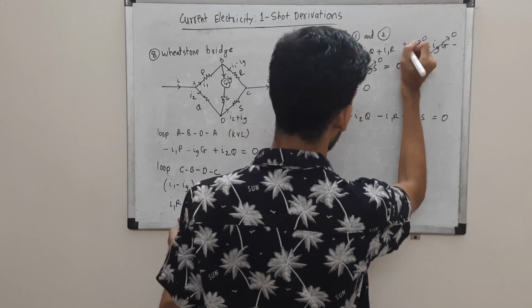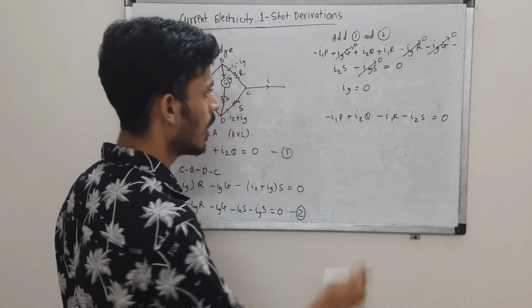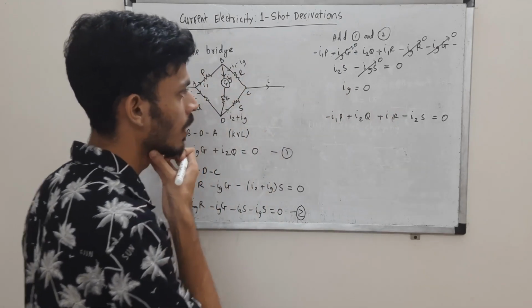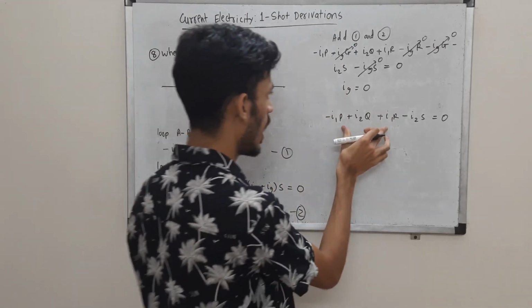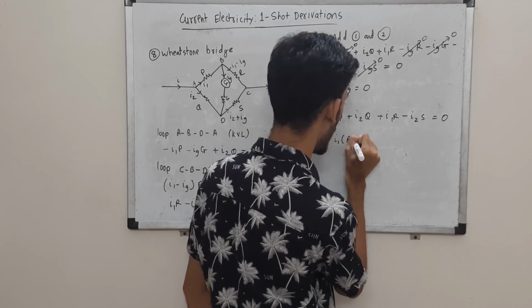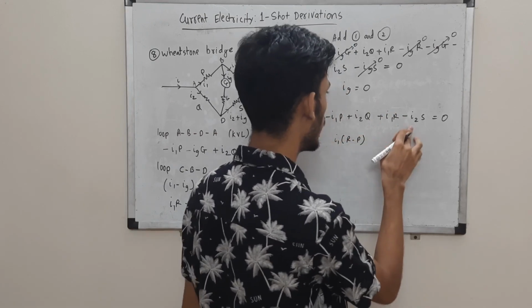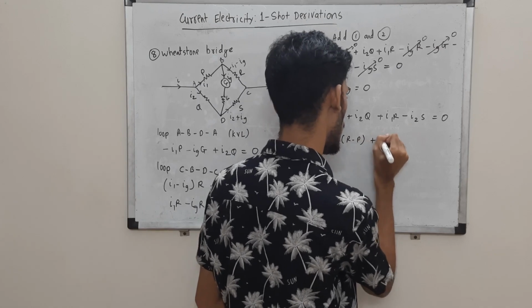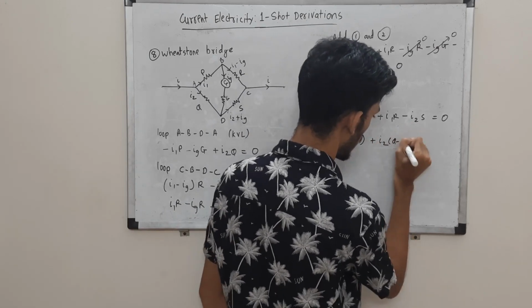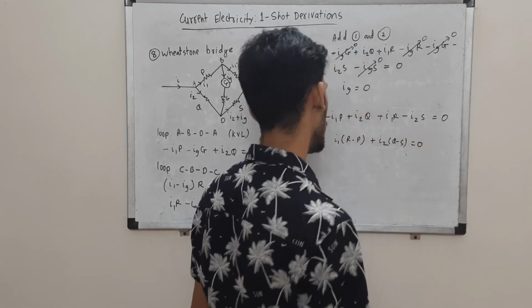So this is minus, anyway that is 0, that won't affect, but this we have to consider, so this is I1R. Now you can take I1 common from here. So I1, if you take common, you have R minus P. Also you can take I2 common from here, so that will give you Q minus S, is equal to 0.